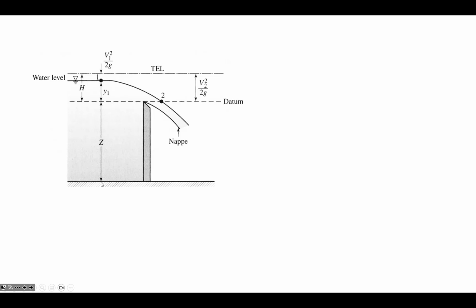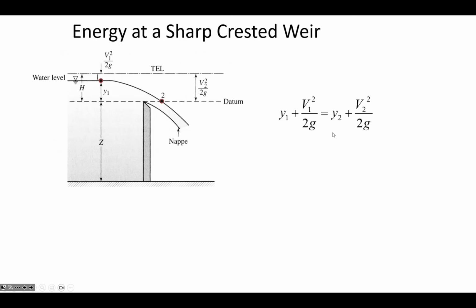It's the depth above the bottom of the channel up to the weir, so Z, and then the distance above the weir height to the water surface, Y. And if we want to know the total energy, so TEL is total energy line, then we'd also account for the velocity head, V squared divided by 2g. So if you look at the energy at 1 and compare it to the energy at 2, there's been some changes.